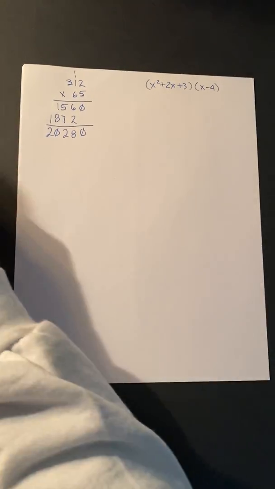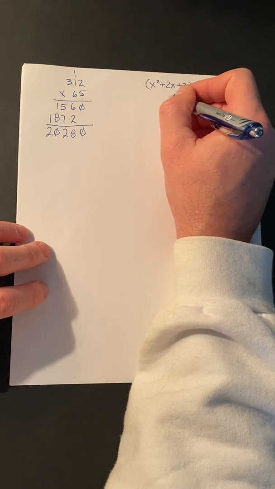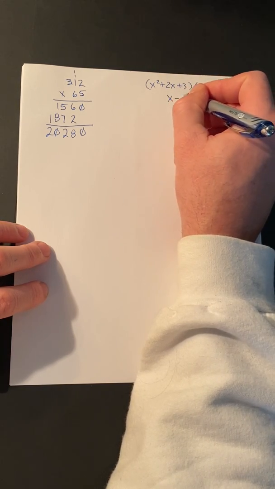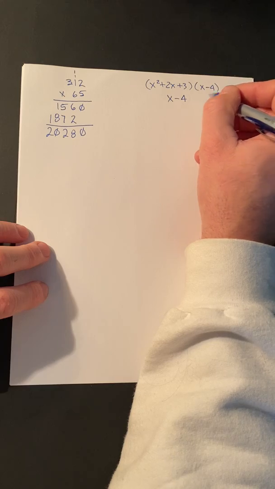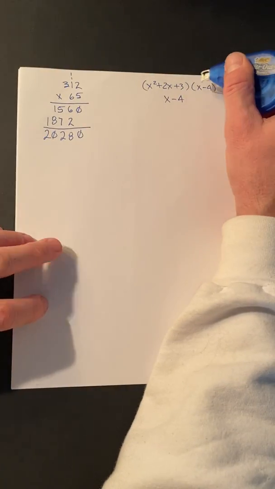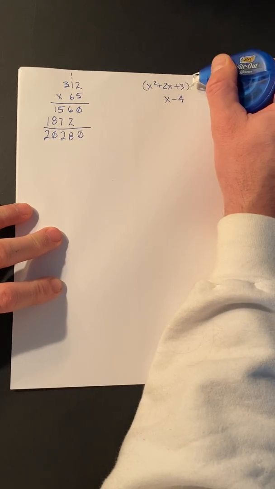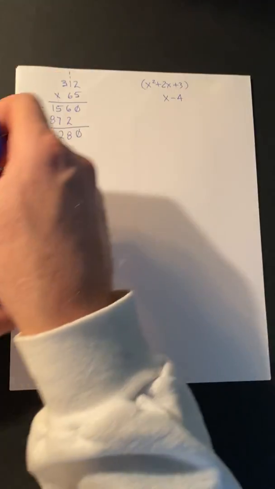So I'm going to move my x minus 4 down to here, and then just for the sake of being able to see it easier, I'm going to erase that so I don't have any confusion, okay?